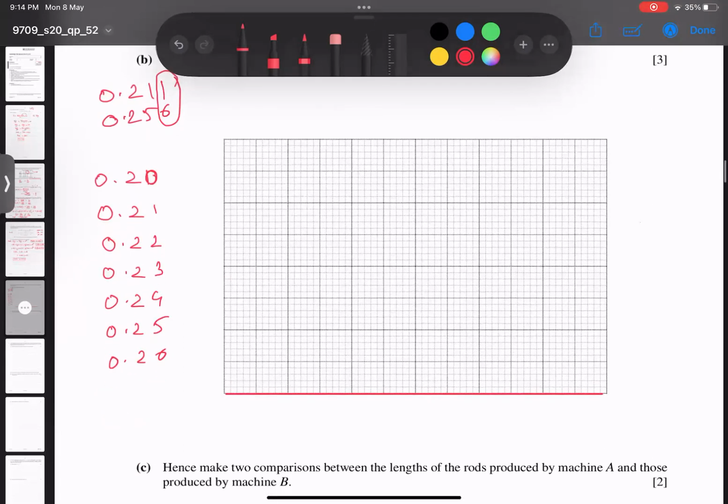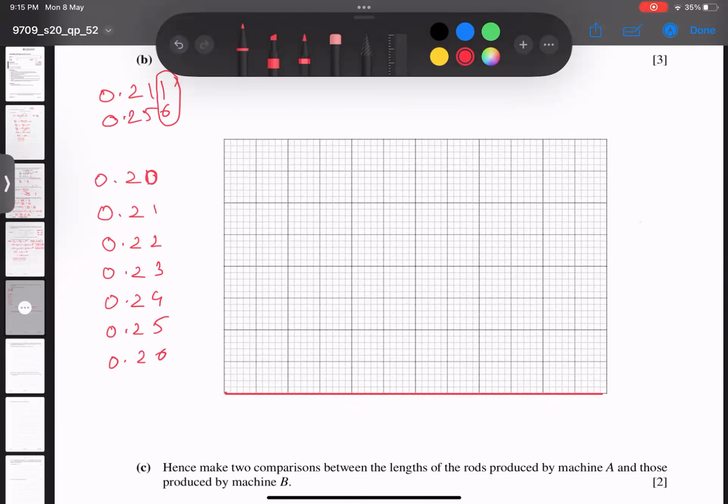So let's see how many boxes: 1, 2, 3, 4, 5, 6. It is better to expand it a little more. So the whole question comes in this range easily.